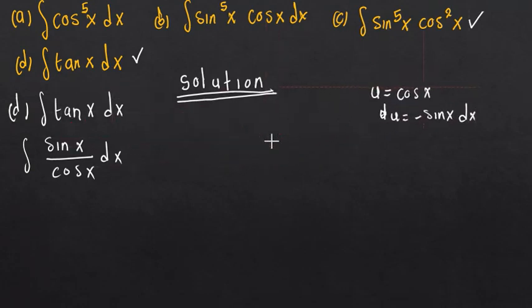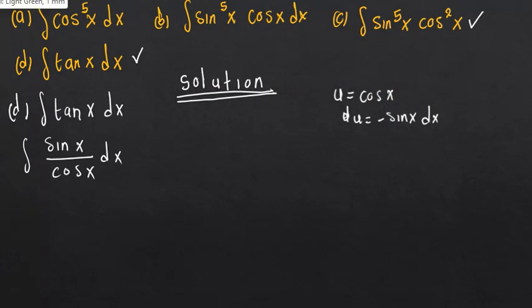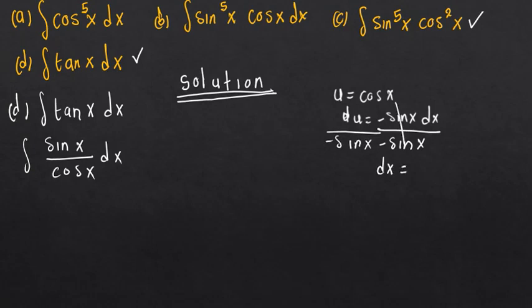So this means that we can now make dx the subject. dx is going to equal du over negative sine x.